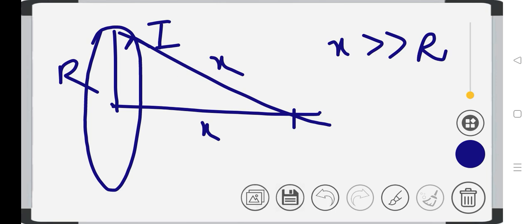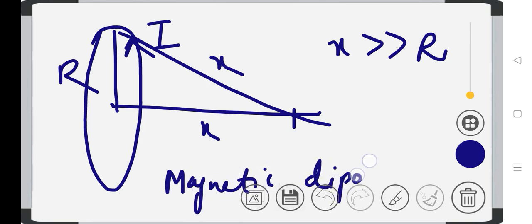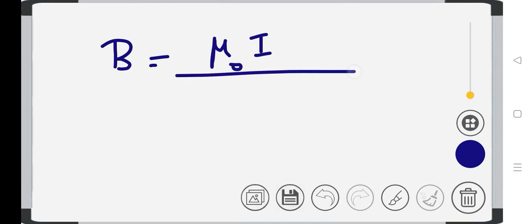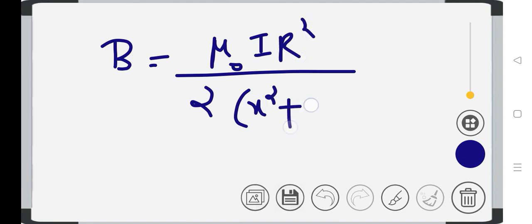In that case, this loop carrying current we can treat as a magnetic dipole. So we can use the same equation here also. We got that at a distance x, the magnetic field from this circular loop along its axis is mu 0 I r square by 2 into (x square plus r square) whole raised to 3 by 2.